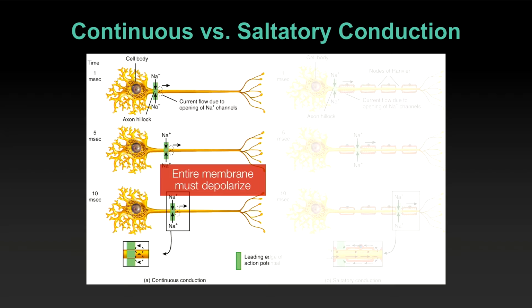Now, all those little circles are showing you ionic current. Moving of sodium from the outside to the inside is an ionic current. It shows you the movement of ions. So think about that. If a voltage-gated channel opens and sodium rushes in, it doesn't just stay in some little pocket. It spreads out.